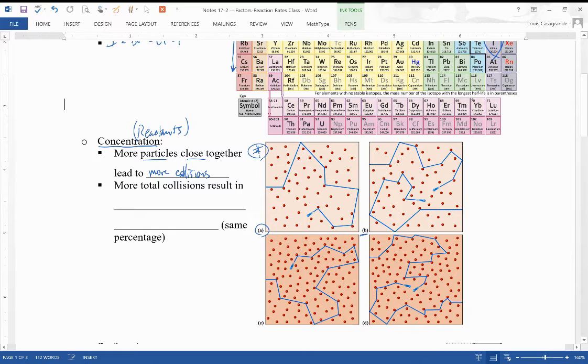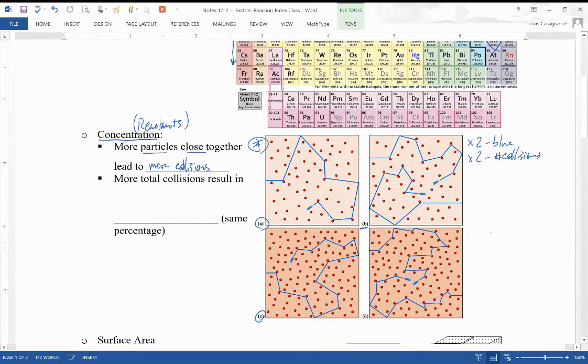In B, I've doubled the number of B molecules, the blue, that's called B for blue, times 2 in the blue. Now, if you go through and you count the number of collisions, that means we have times 2 in the number of collisions. And more collisions are going to give you more opportunities to react.